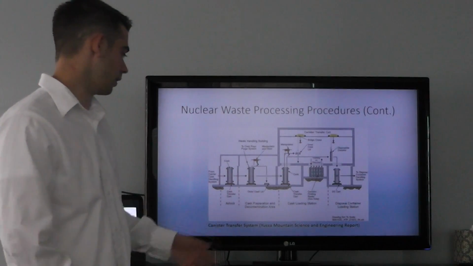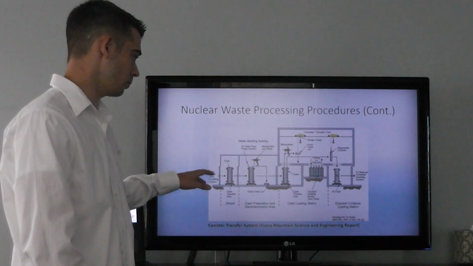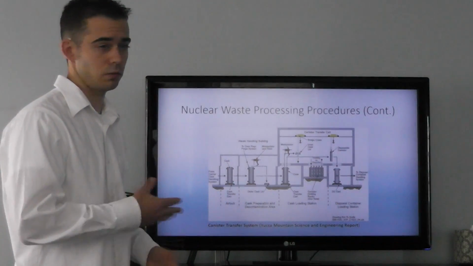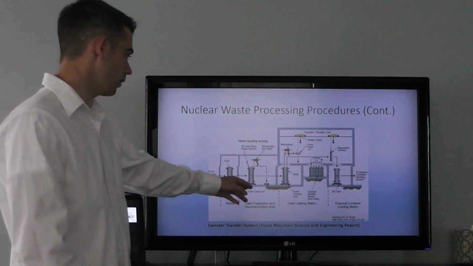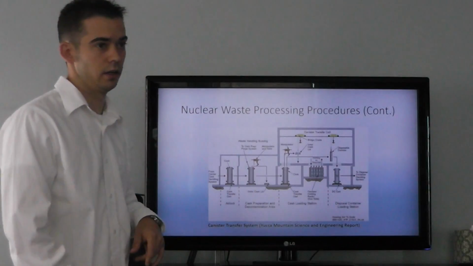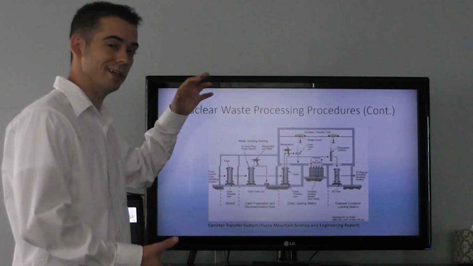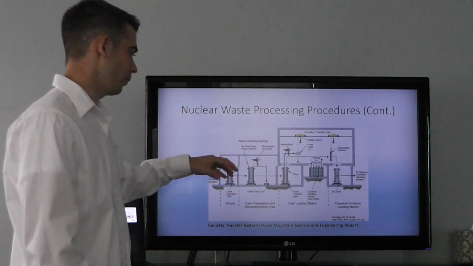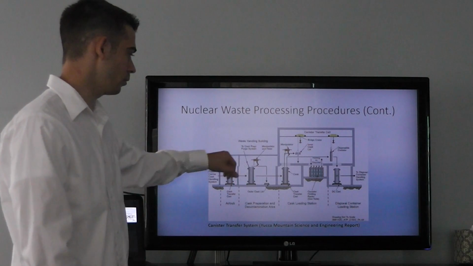From there I'll go on to the canister transfer system. There's an airlock here. I'll go into more detail on airlocks and ventilation when we cover the operational support system. From there, the cask will have its outer lid removed. That's another thing I'll go into later, the construction of the cask. There's an outer lid and there's an inner lid before you get to your spent nuclear fuel assemblies. So they'll remove the lid.